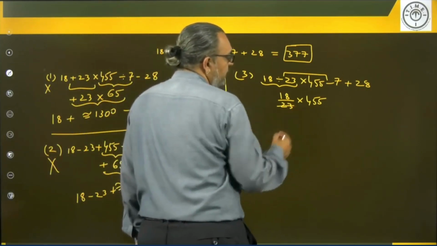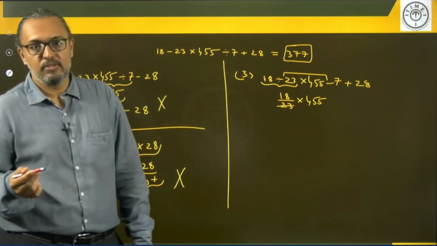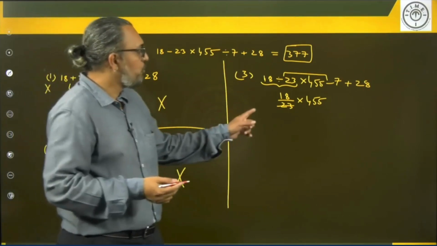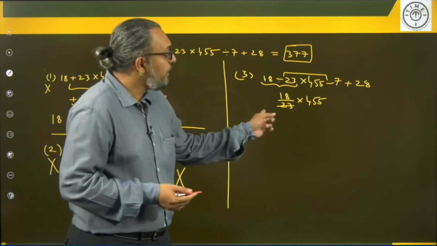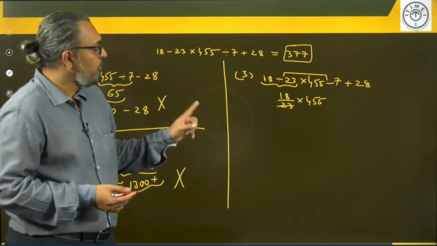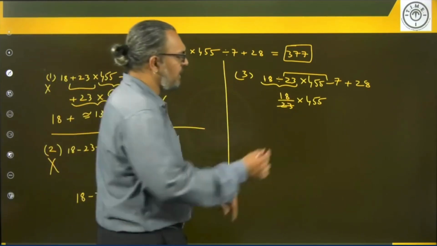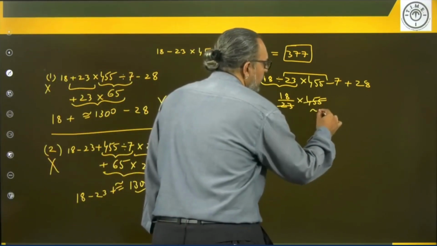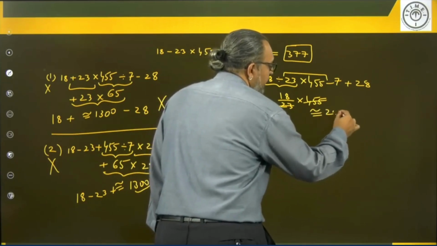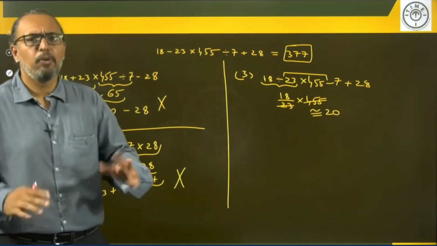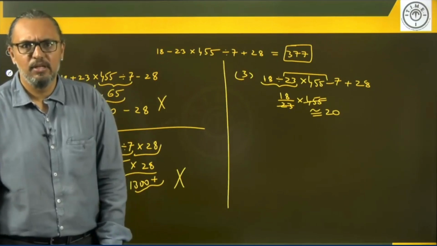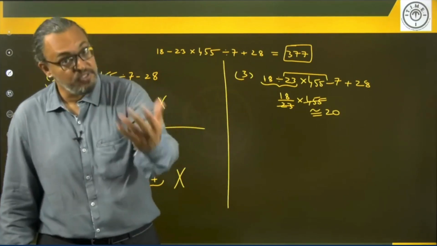Now if I take 23 two times, it is going to be 46. So can I say approximately 20 times, because 455 approximately is 20 times, because 23 into 20 is 460.